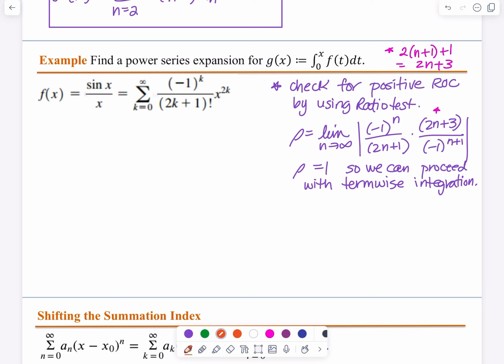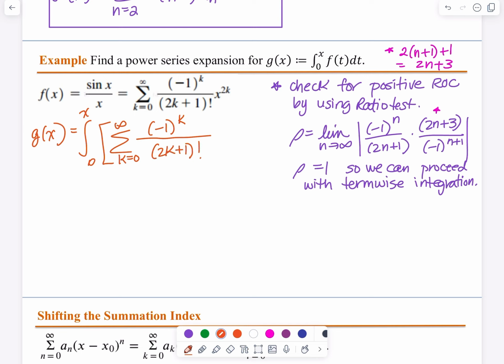So we know that g of x is going to be equal to the integral from 0 to x of this sum k equals 0 to infinity of negative 1 to the k divided by 2k plus 1 factorial multiplied by t to the 2k dt.